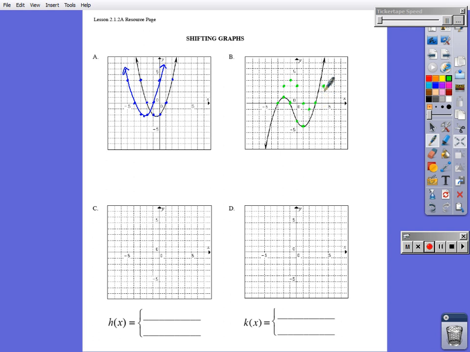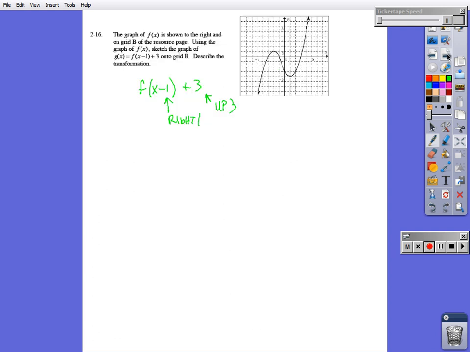Okay, and that gives me enough points to be able to draw this graph with a fair amount of accuracy. Right 1, up 3. Now it says describe the transformations. Right 1, up 3. So we're good.